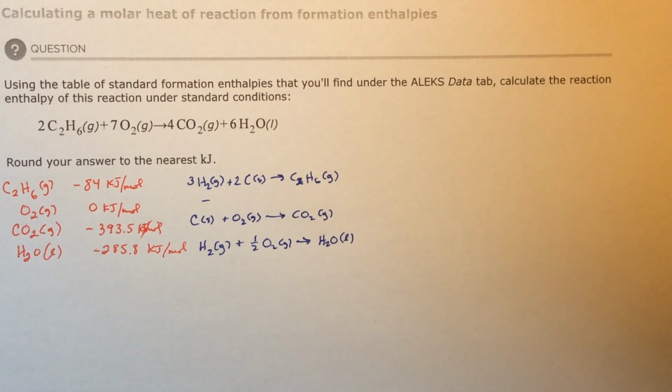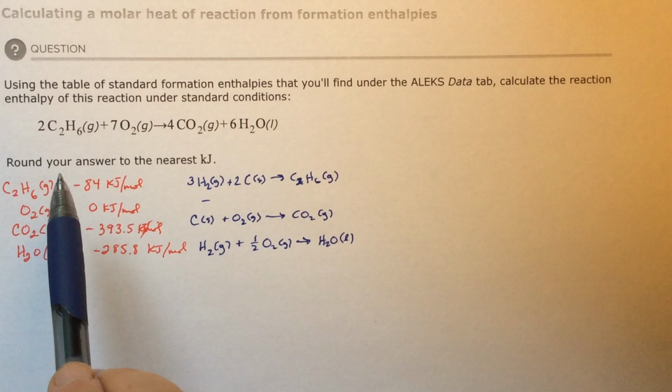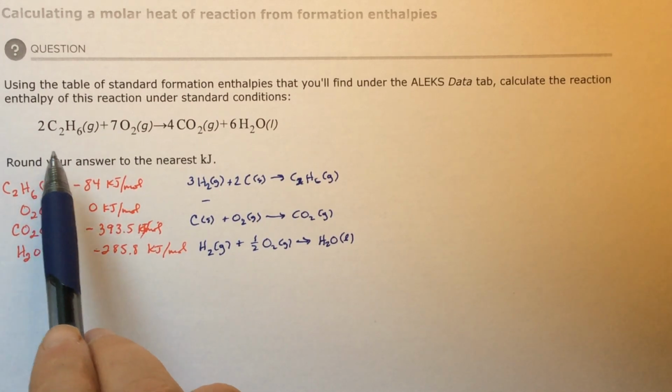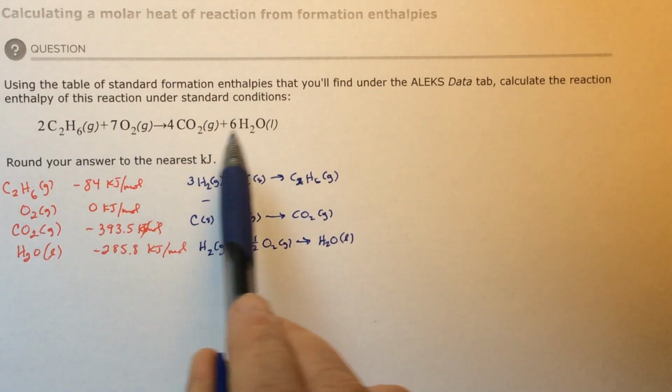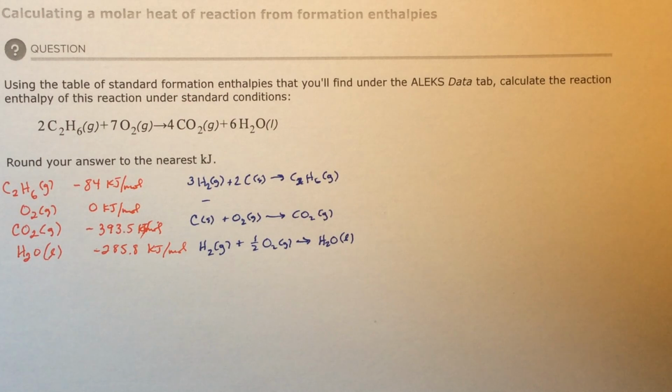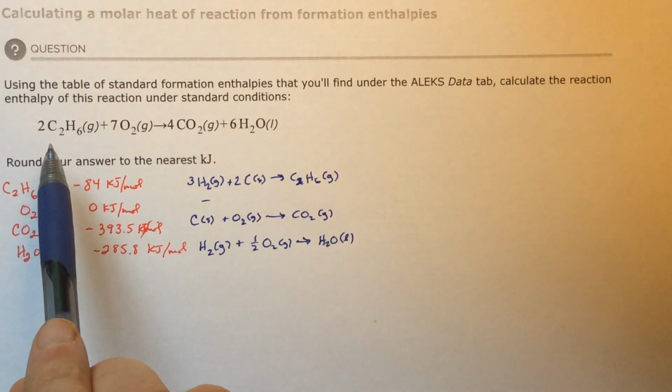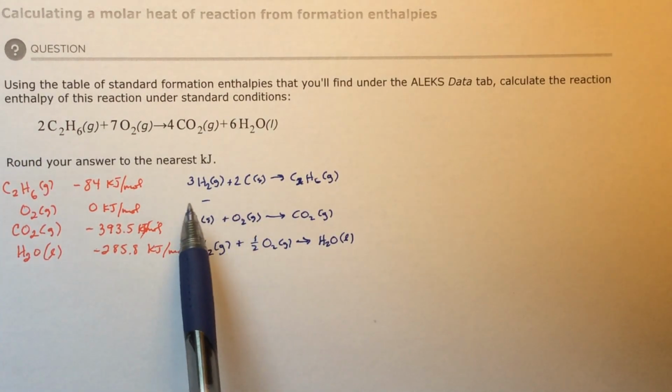So they've given you an equation: ethane gas burning and making carbon dioxide and water. So it's a combustion reaction with ethane gas. Well, ethane is made with hydrogen and carbon.